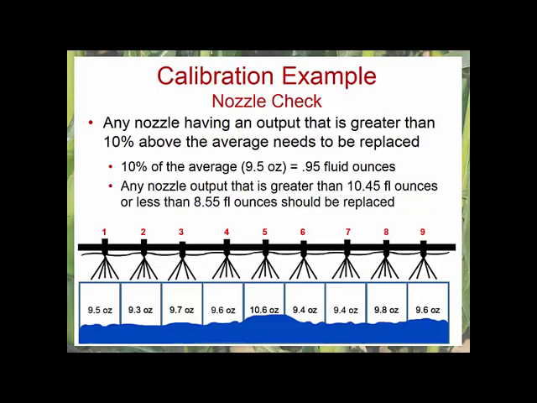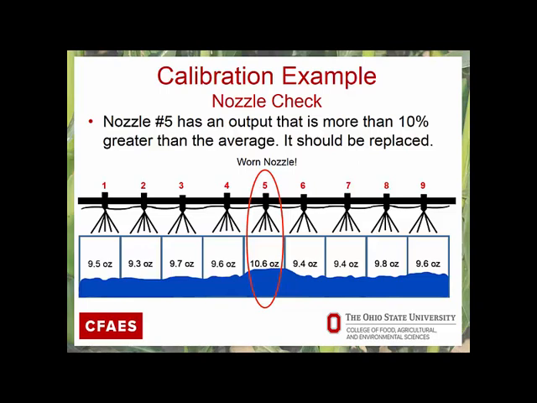And plus or minus 10% on the high side is 10.45 fluid ounces, and on the low side is 8.55 fluid ounces. So anything that does not fall in that range needs to be replaced. So when you look at the nozzles, you can see that the one in the middle, the 10.6 fluid ounces, falls outside that range. Therefore, that nozzle should be replaced.